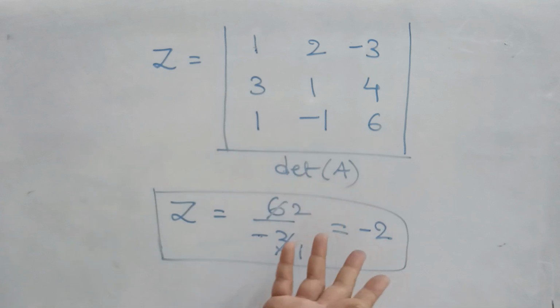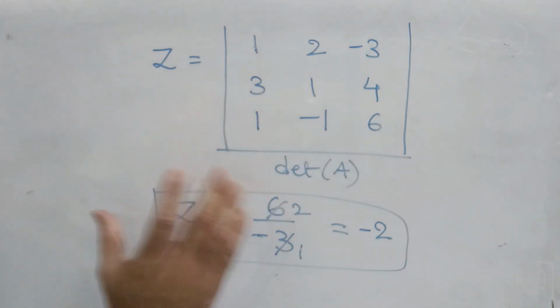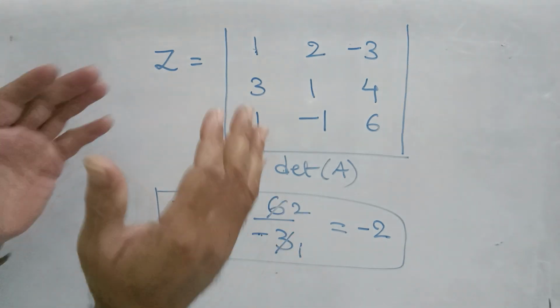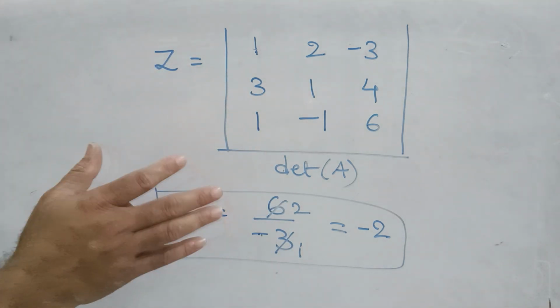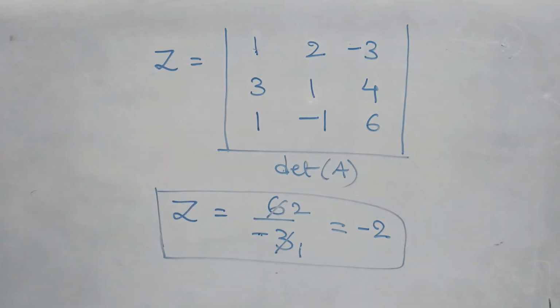Similarly for y and z. Very simple, no? This is Cramer's rule. Solving for the values of x, y, z in this fashion is called Cramer's rule. Cramer is the name of the scientist who invented this procedure. So this is the solving method for a given system of equations using Cramer's rule.